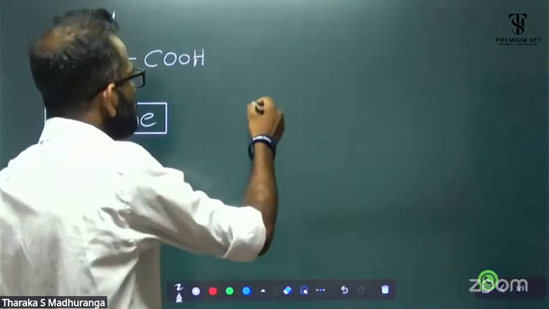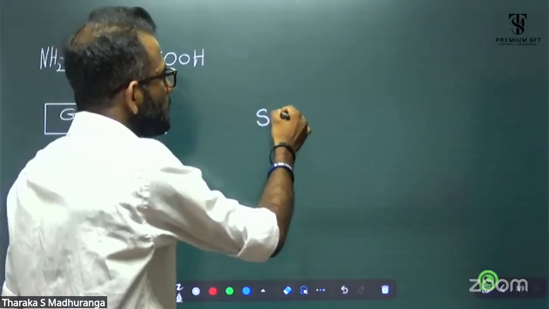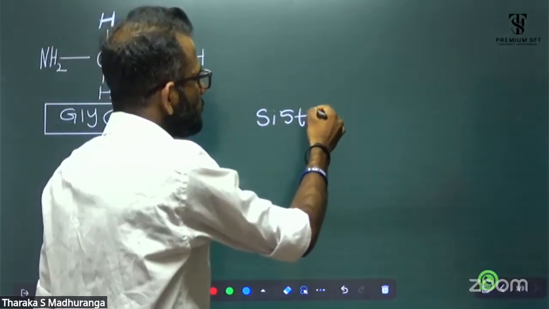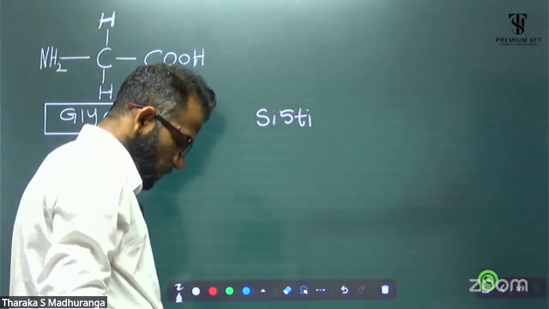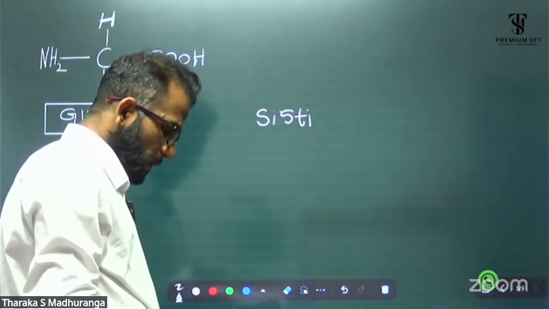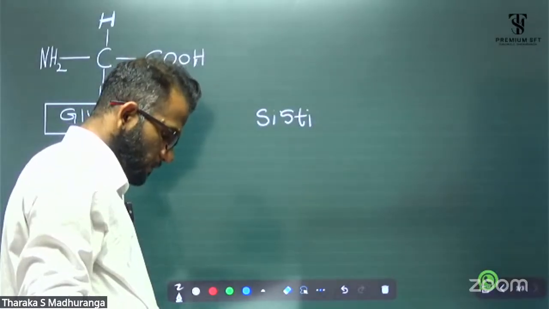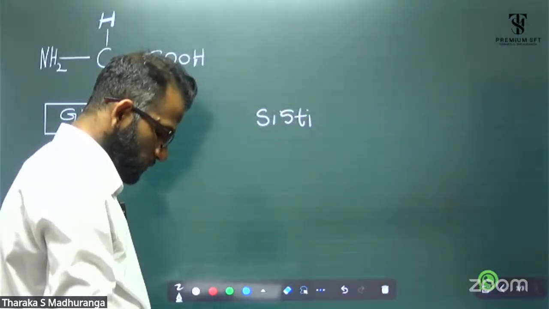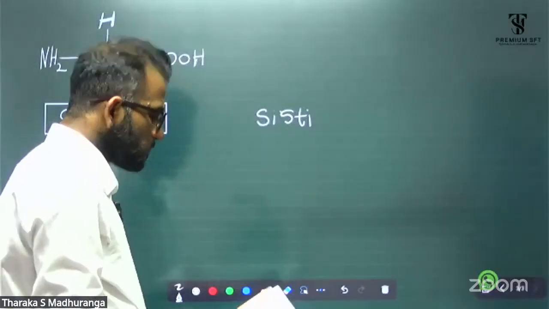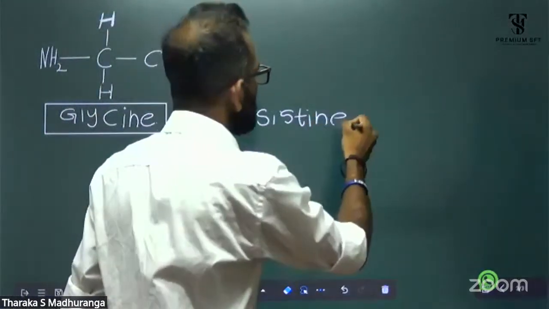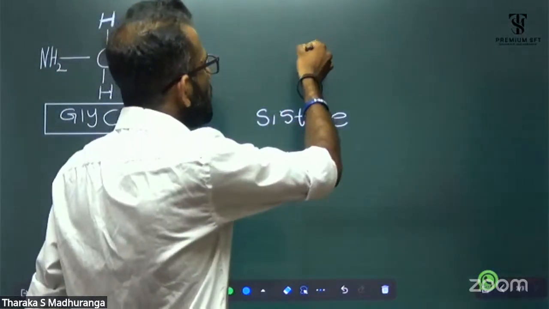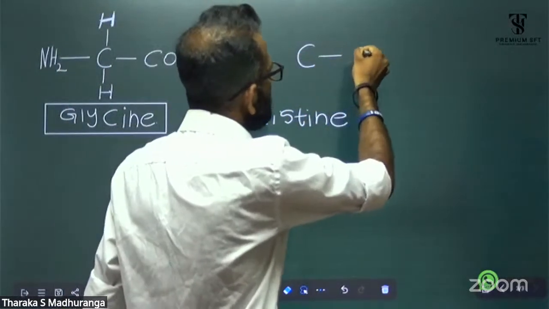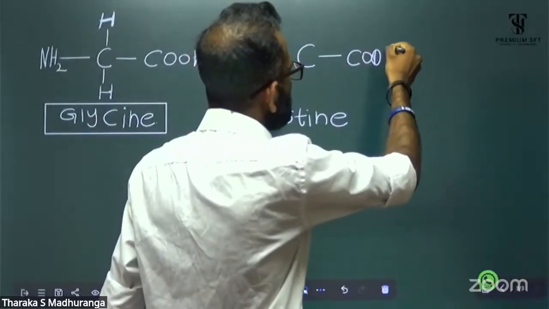Okay, if you get another amino acid, cysteine, this is the alpha carbon, COOH, and the amine group, hydrogen. They are common, they are compulsory.